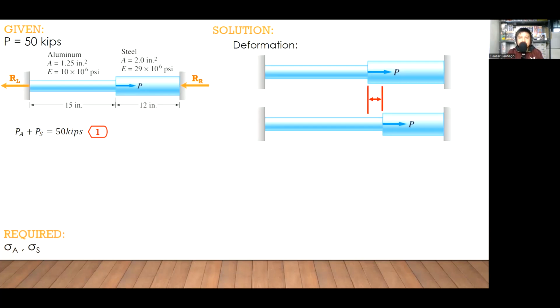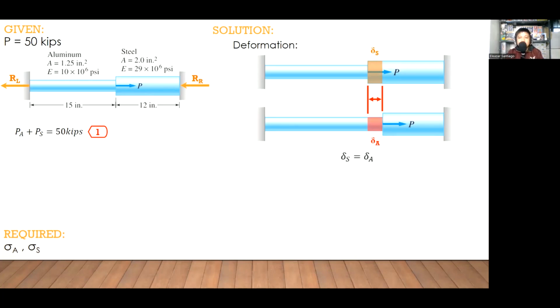With this difference in length, for the highlighted portion, delta S is the shortening of our steel material, while the portion highlighted in red is the elongation for our aluminum material.